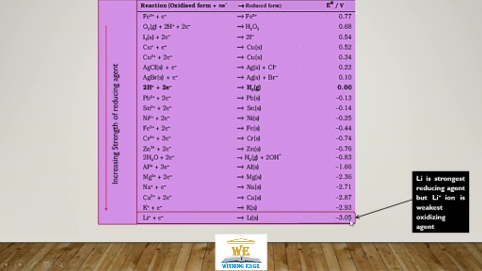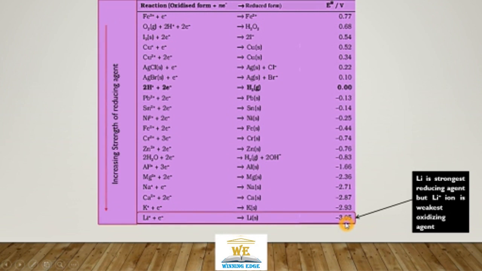That can be done by reversing the sign. Minus 3.05 will be plus 3.05 volt. Lithium goes to lithium ion and electron, so lithium is providing an electron, with standard electrode potential 3.05.